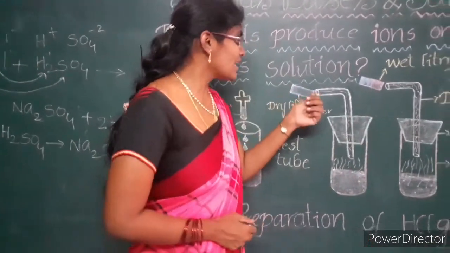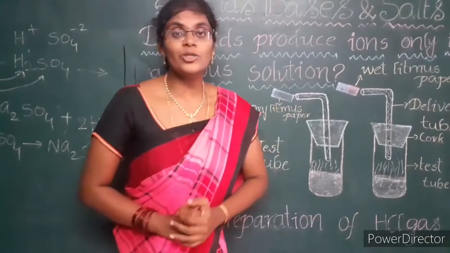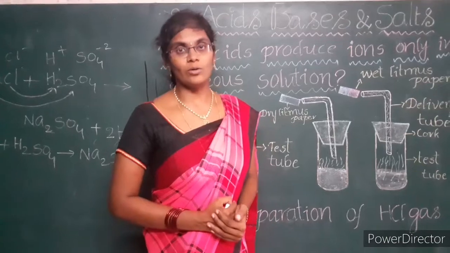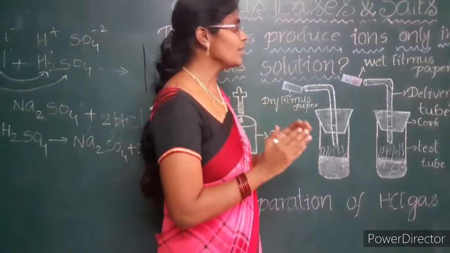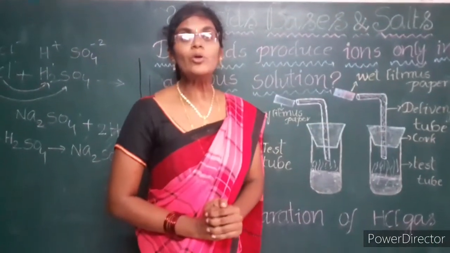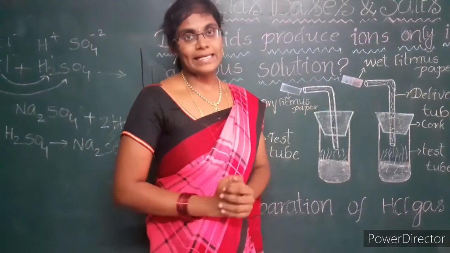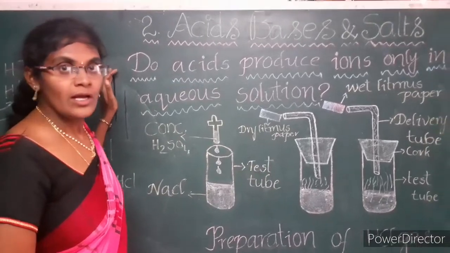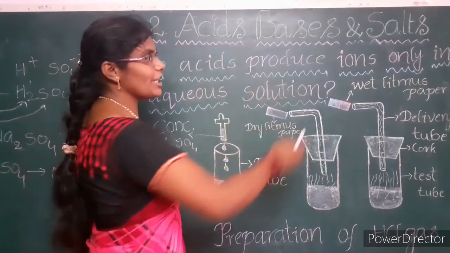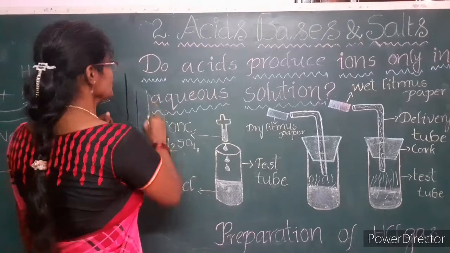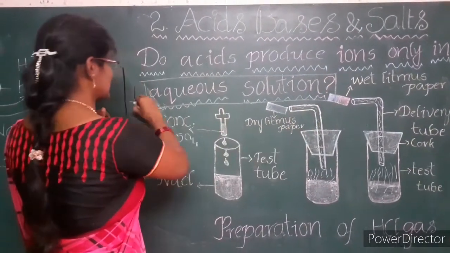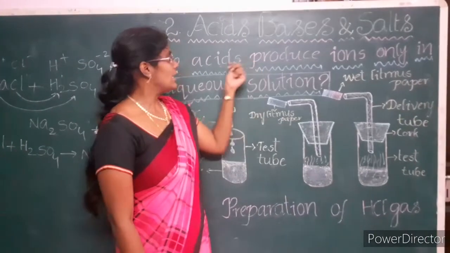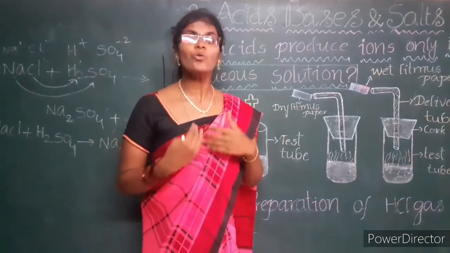In the first case, the gas doesn't dissociate into ions, but in the second case, the gas dissociates into ions. That's the reason for the color change of the blue litmus paper in the second case. So, by this activity, what are we concluding? For dissociation of acids into ions, aqueous solution is necessary. In the presence of aqueous solution only, the acids dissociate into ions.